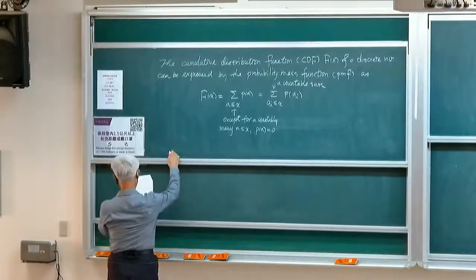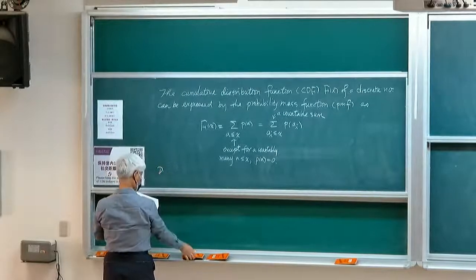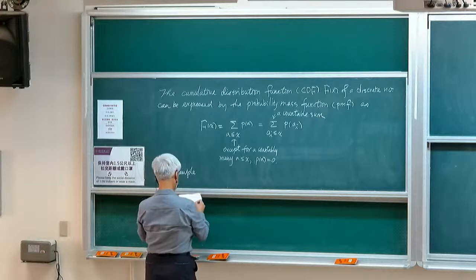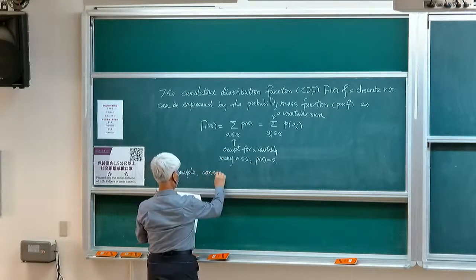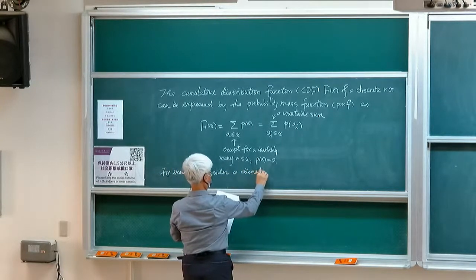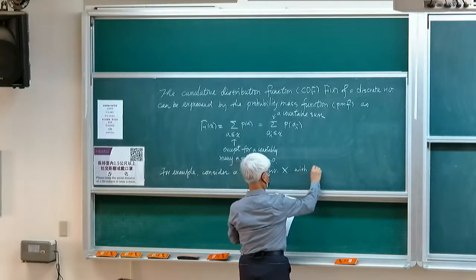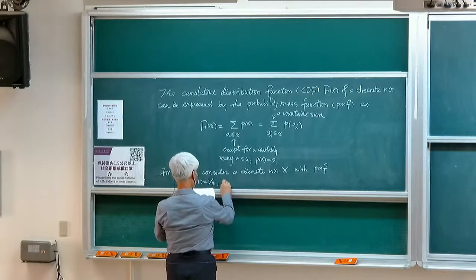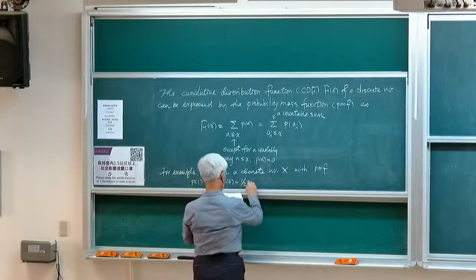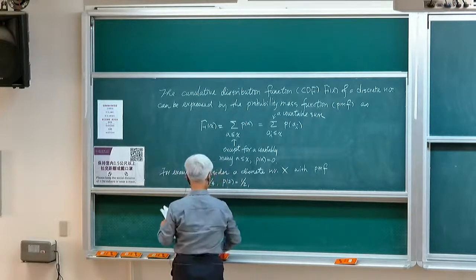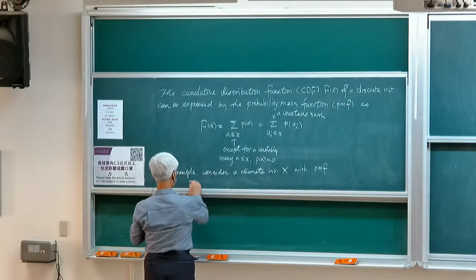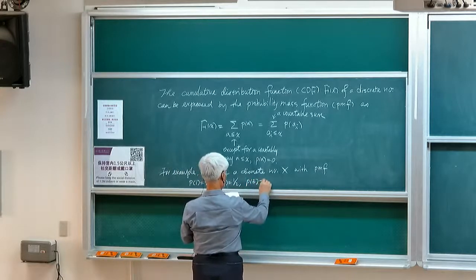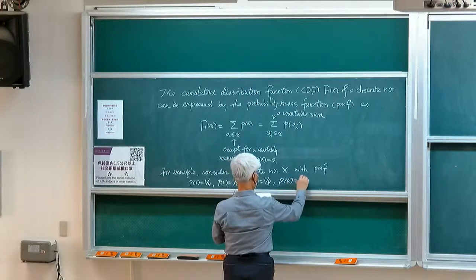Okay, and so we will draw an example. Consider a discrete random variable X with PMF: P(1) is 1/4, P(2) is 1/2, P(3) is 1/8, and P(4) is also 1/8.